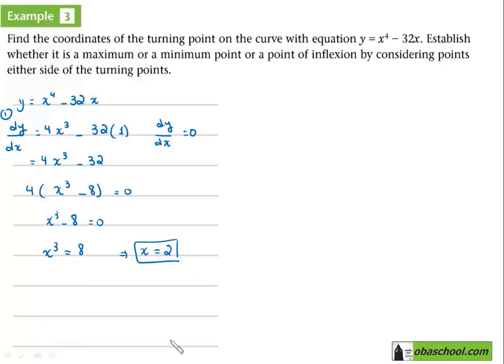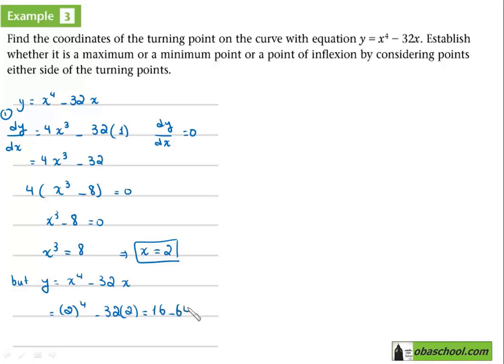To find this point, we need to substitute in order to find y. Okay, but y equals x to the power 4 minus 32x. Now we substitute: 2 to the power 4 minus 32 times 2. So 16 minus 64.